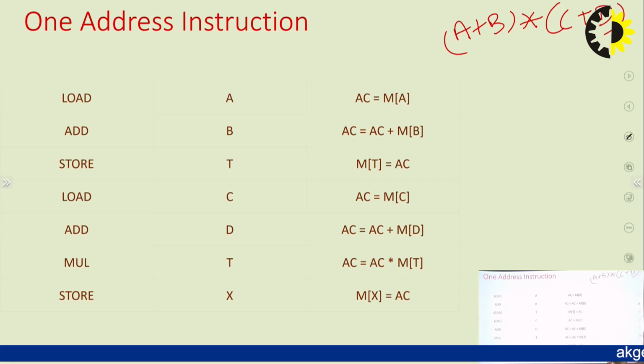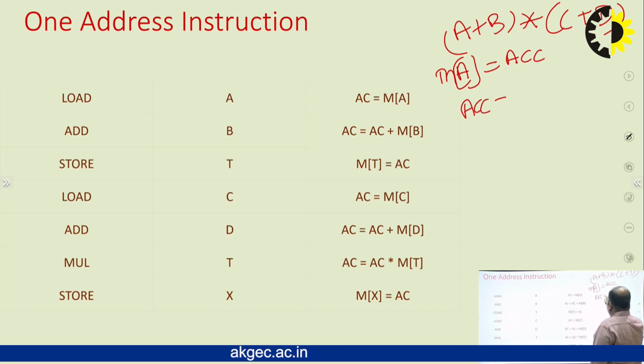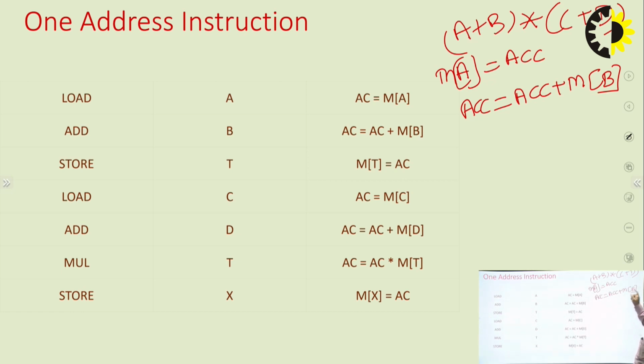How will it be executed in one address? First, we load the value of A into the accumulator. AC represents our implied accumulator. Then in the same accumulator we apply the add operation. And before going to the second part of our instruction, which is C plus D, we have to store.